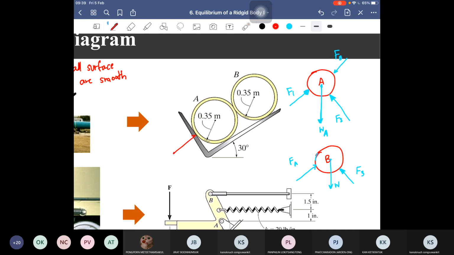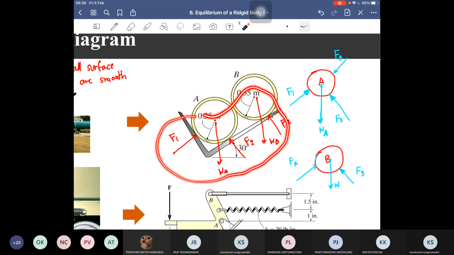Then we have F1, WA, F2, F3, and WB. Only these 5 forces are left, with no couple moment because it cannot prevent the rotation.